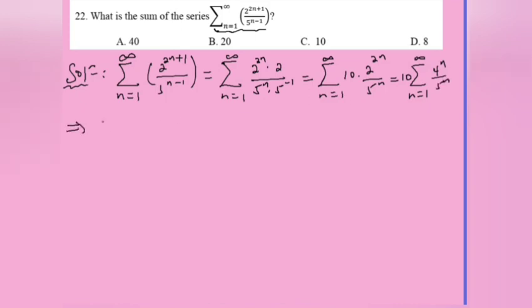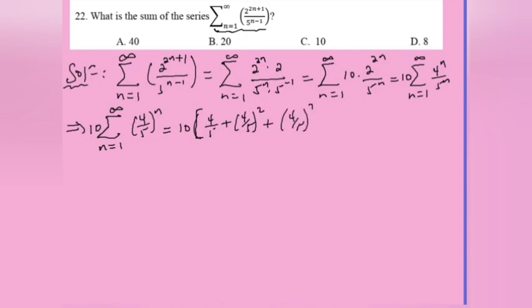So the simplified form for this summation can be written as 10 times (4 over 5) to the power of n. So this can be written as 10 times (4 over 5 plus (4 over 5) squared plus (4 over 5) cubed, and so on).